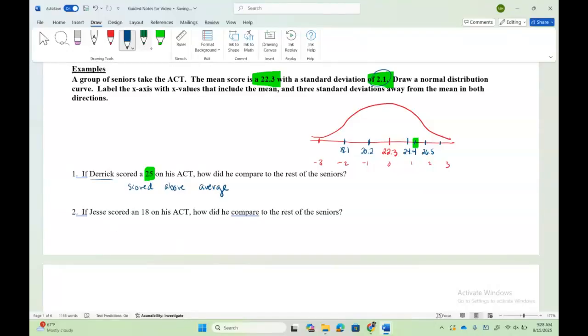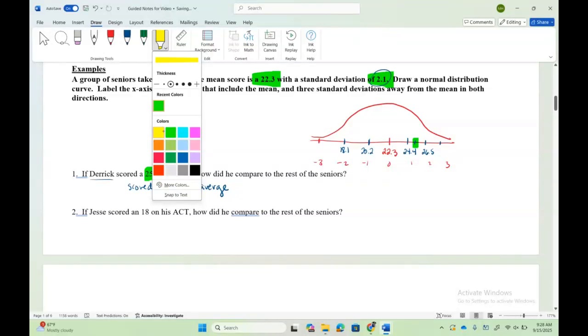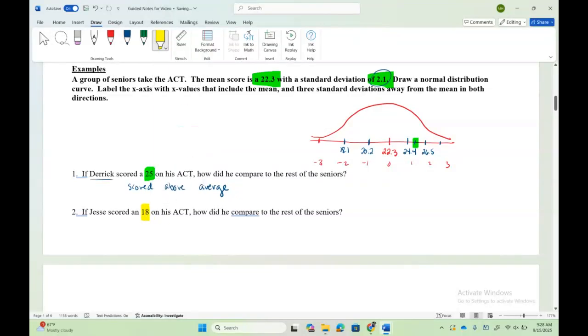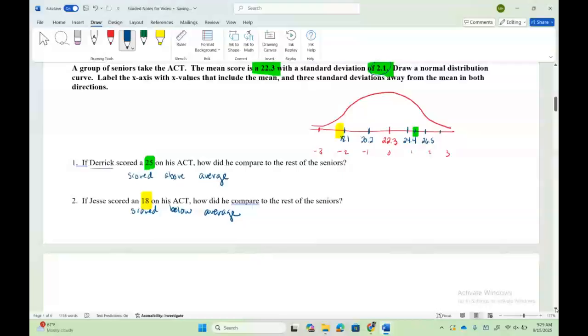If Jessie scored an 18, here Jessie is, right about here. So there's Jessie. It looks like she scored below average.